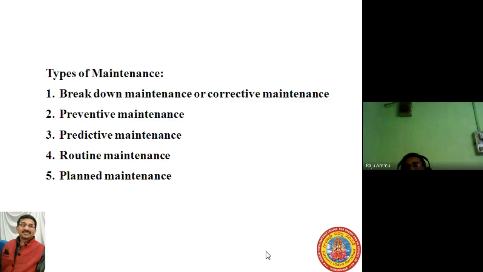You will have a plan for each and every part of your plant and machinery. It will reduce machine stoppage due to sudden breakdowns, and there will be no emergency necessity.